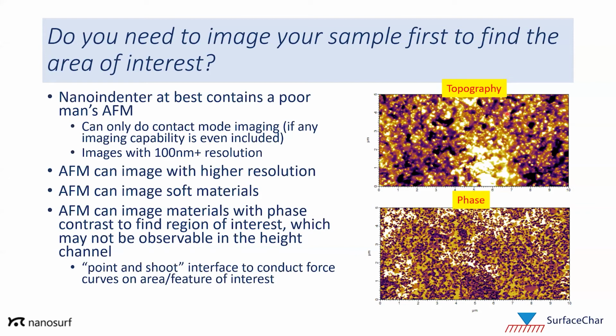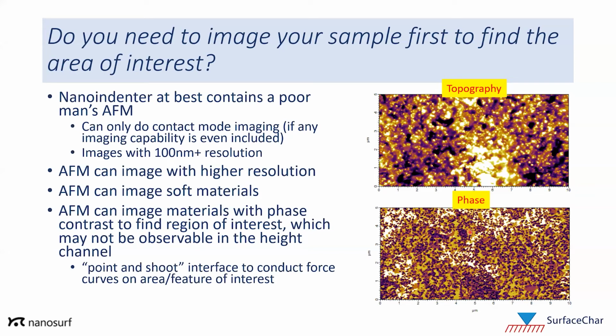So here I show a topography image of a polymer blend. This is a corresponding phase image. And you can see in the phase image, there are all these different domains. I got this bright white domain, this yellow domain, kind of dark brown or orange here.